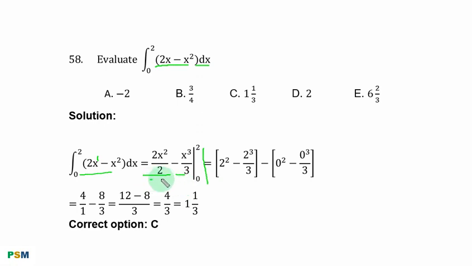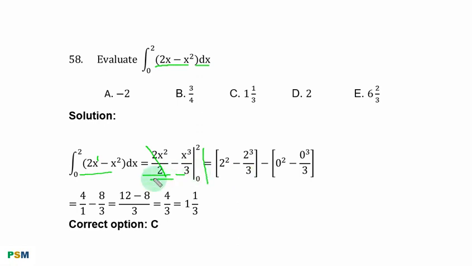You write the result and replace s with the upper limit, that is 2 squared, because 2, we cancel 2 first. Replace s with 2, you square it, minus 2 cubed over 3. When evaluating a definite integral, the operator is negative.